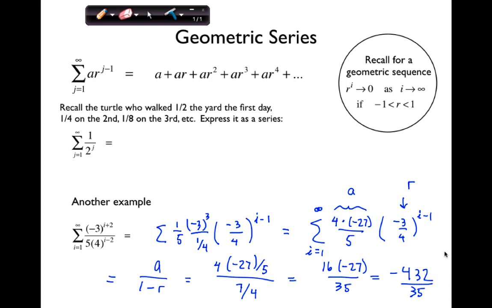So what does this mean? It means that if you added up all infinitely many terms of this sequence, the sum would be negative 432 over 35. Any questions on that one?